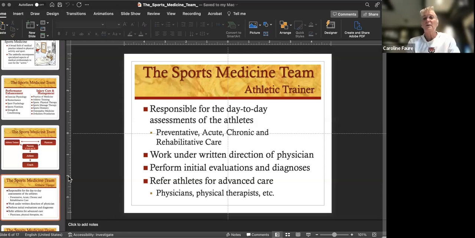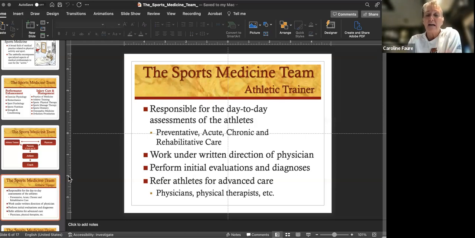Athletic trainers work under the written direction of a physician. In just about every state in the country, athletic trainers have a directing physician that supervises their medical practice. So here in Idaho, we have directing physicians that sign off on our abilities as an athletic trainer. Obviously, we have national standards that we have to follow.